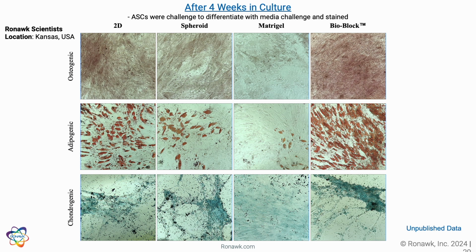And we can see here that the consistency of that differentiation for the cells grown in the bioblock is way higher than those in the other formats. It's more homogeneous, that population of cells that were differentiated. So we're retaining that phenotype.